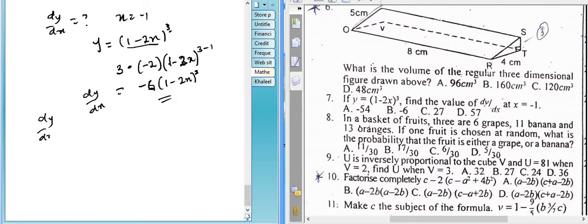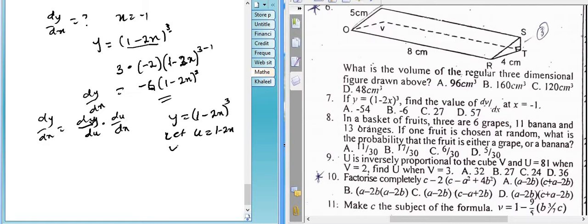But you can follow another way using a formula: dy/dx equals dy/du multiplied by du/dx. We have y equals (1 minus 2x) all to the power 3. Let u be equal to 1 minus 2x, then y is equal to u to the power 3. So dy/du is equal to 3u squared.